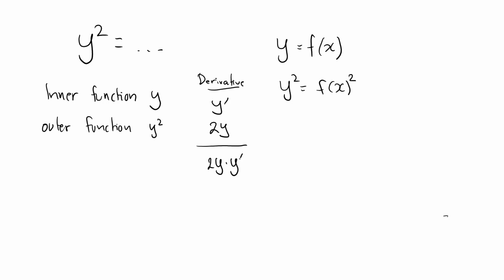Here is a complete example demonstrating the method of implicit differentiation. Our implicit relationship is 4x plus 2y is equal to 6. Let's differentiate both sides with respect to x. The derivative of 4x is 4. The derivative of 2y is not 2.